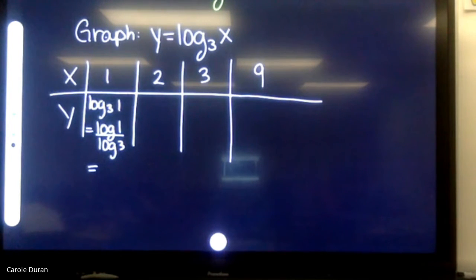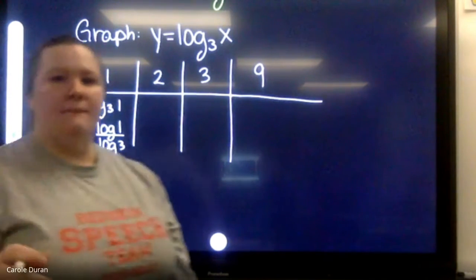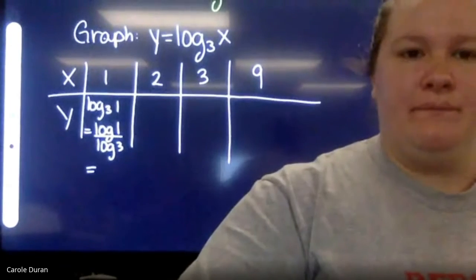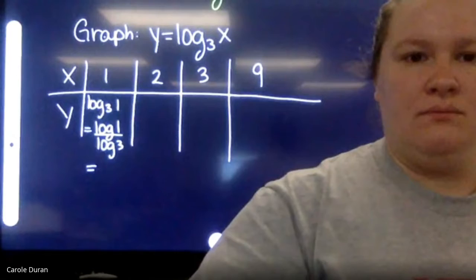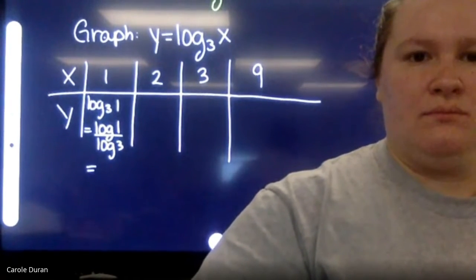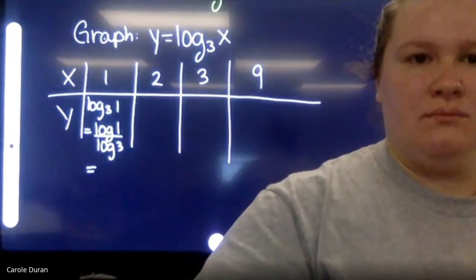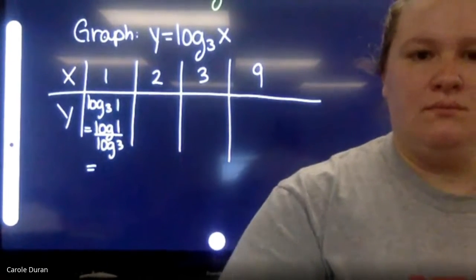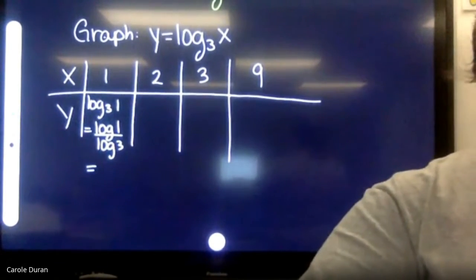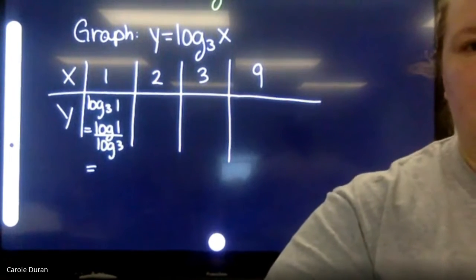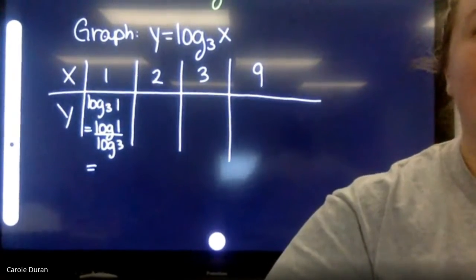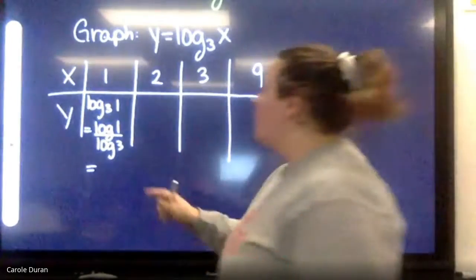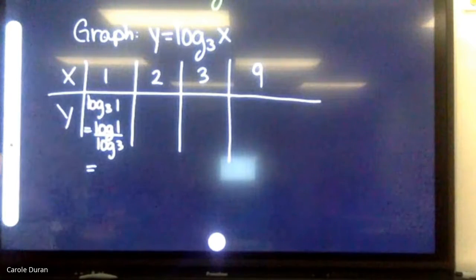Everybody plug that into your calculator right now and tell me what decimal you get. We get 0, which makes sense because 3 to the 0 power equals 1.